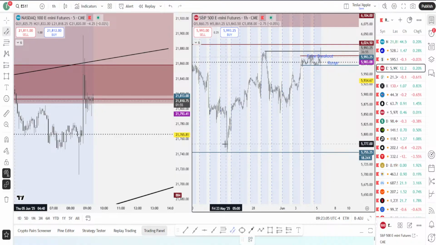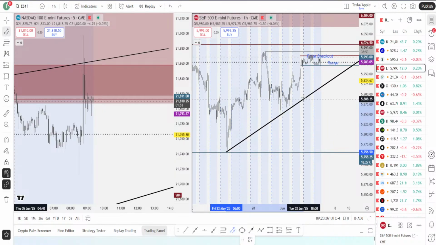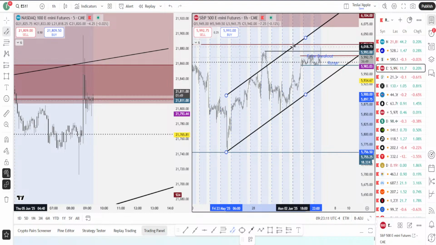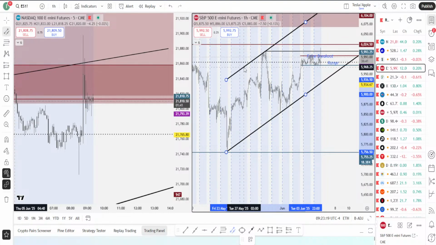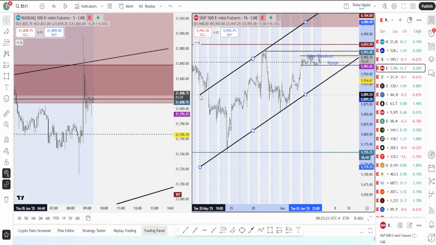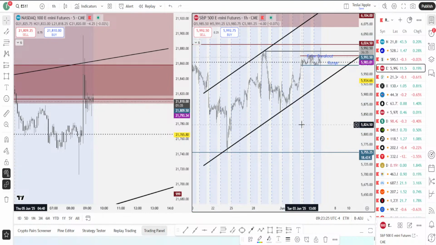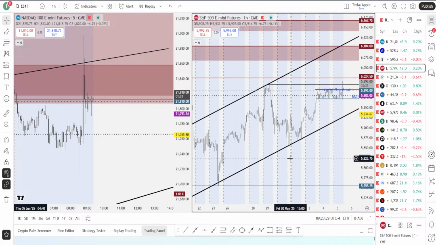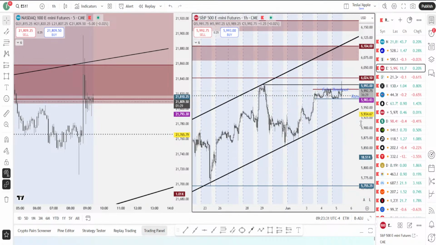Where's our trend? We have a trend here. And we'll connect it here and connect it down here. So we got 2 touch points on there. We got 3, 4 touch points down here. That's going to be our trend.